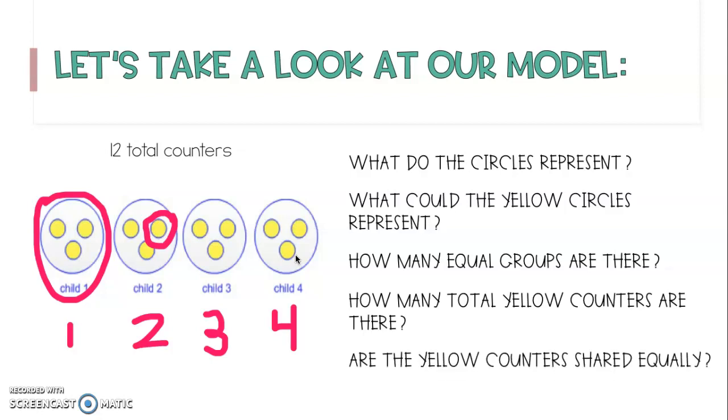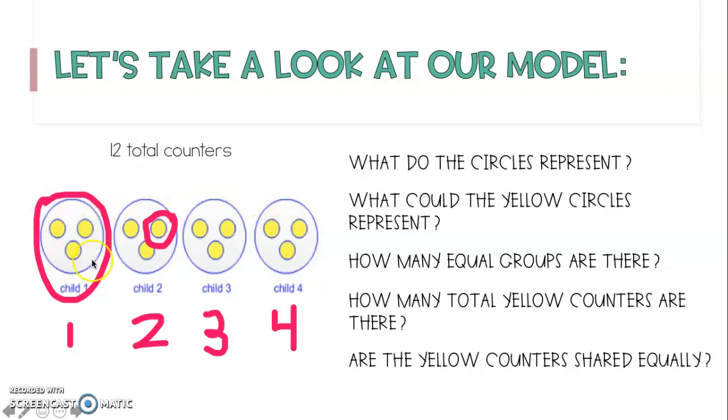Now I'm going to ask myself, are my equal groups truly equal? Are my yellow counters shared equally? So I'm going to make sure that each group has the same number of objects. And I know that they do because I used skip counting or repeated addition when I added, and I'm only able to do that when I have equal groups.